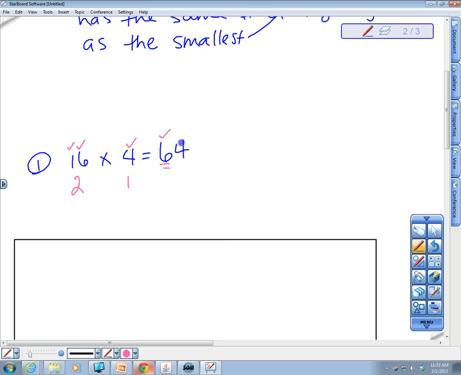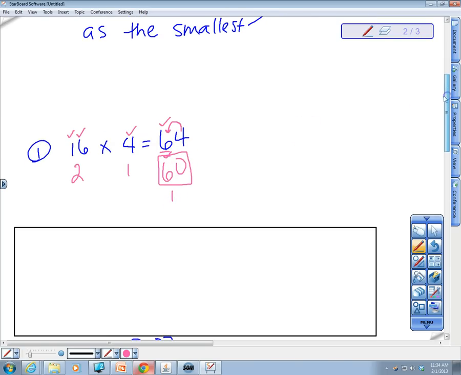My 4 tells me what should happen to the 6. In this case, we're going to round down, and we're going to round it to 60. It's only got 1 significant digit because it's got a non-zero and a trailing 0. Remember, a trailing 0 is never significant. So now I have the right number of significant digits in my answer.